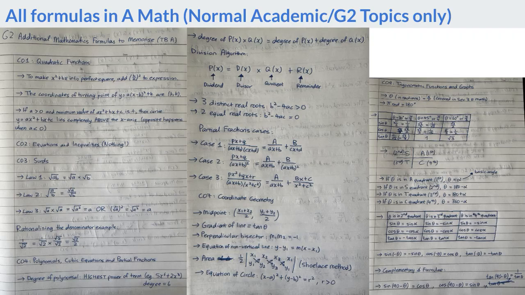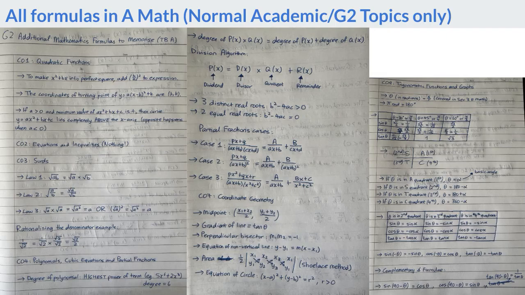And for tangent minus theta, if your theta is negative, your tangent theta should also be negative. So there's a consistent pattern. When sine and tangent are negative, your cosine will be positive.